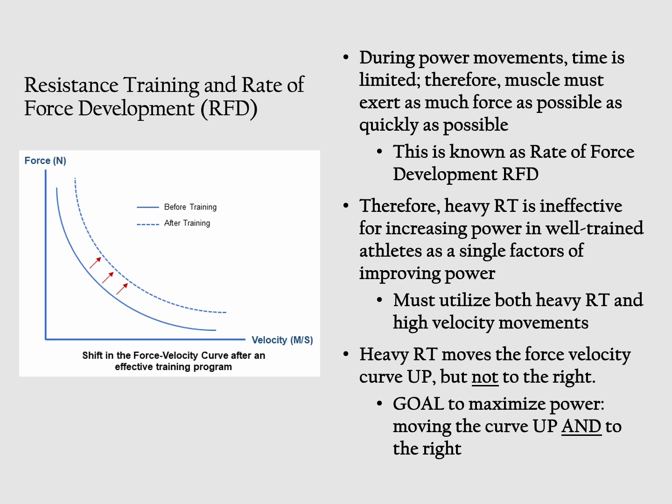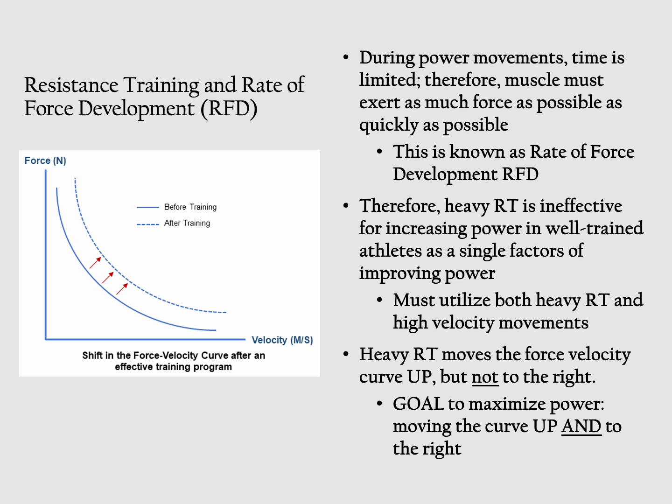If we go along the x-axis, all the way out to the word velocity, but still close to the 0 marker, we're at really high velocities, but at low force. So again, force and velocity have an inverse relationship. But the combination of these two, velocity times force, maximizes what's known as power output.